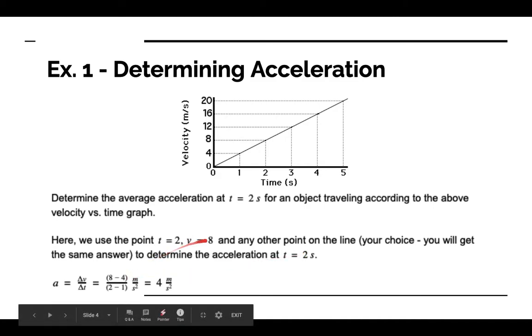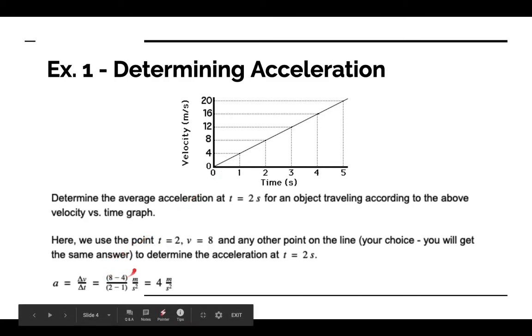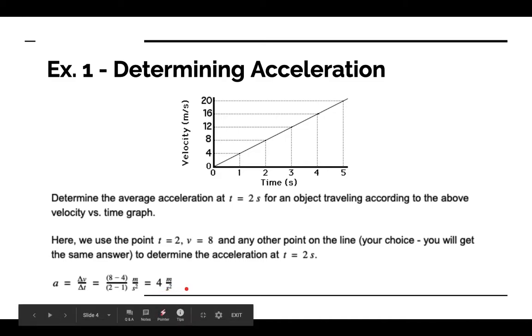If we use the other point, t equals 1, v equals 4, our change in velocity is 8 minus 4, and our change in time is 2 minus 1. As a result, our acceleration at t equals 2 seconds is 4 meters per second squared. Hence, the principle is very similar to how we measure velocity from position versus time graphs.